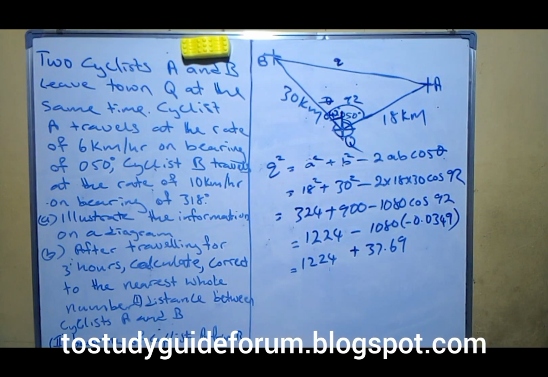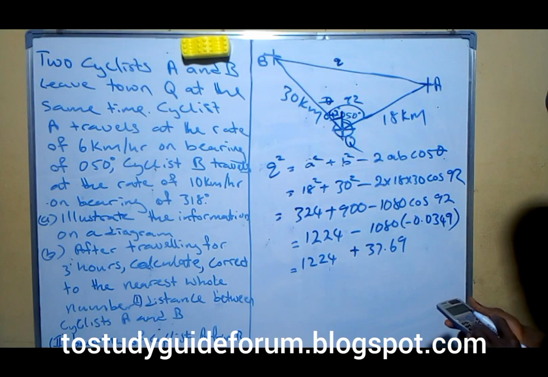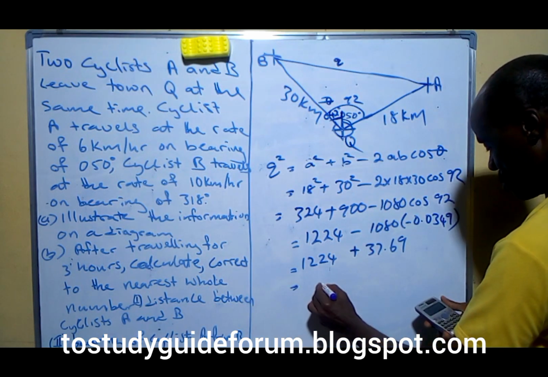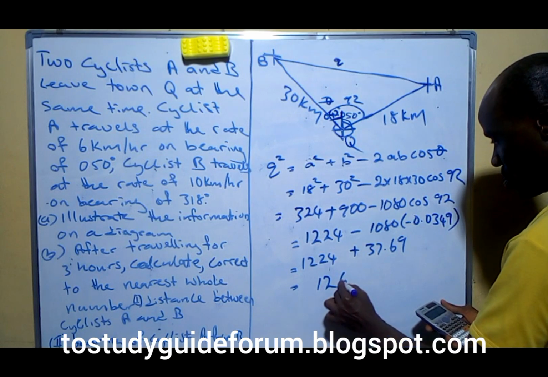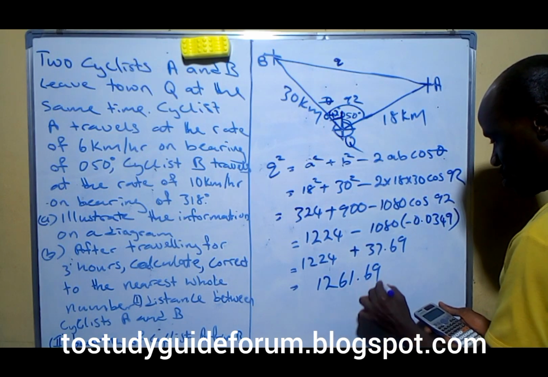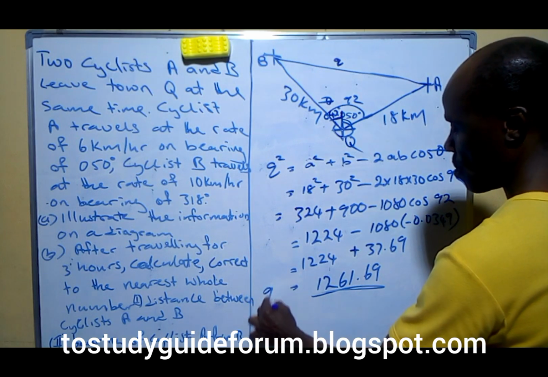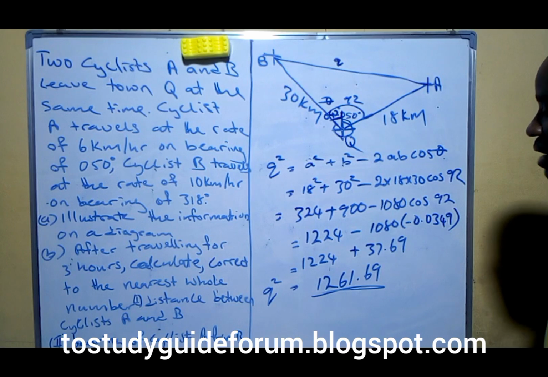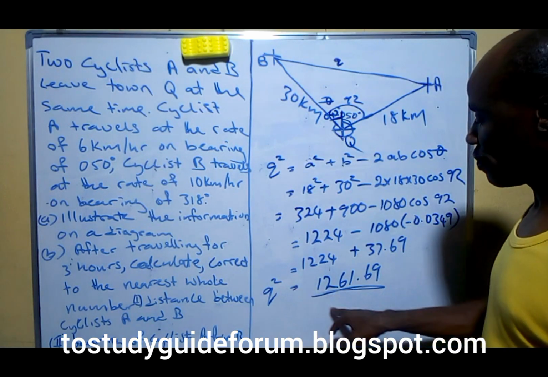So what do we do now? We add them up. When we add up the whole thing, this is what we have. Then we're going to find the square root of this.